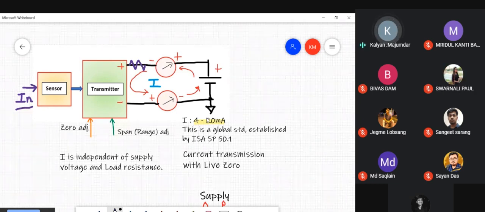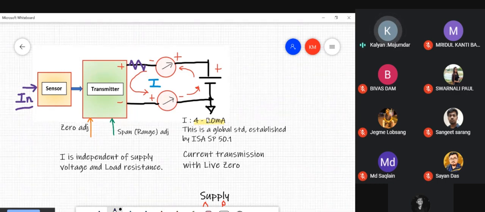So the output of a transmitter is 4 to 20 as per the ISA standard, irrespective of what your measurement range is. If you're measuring temperature over 0 to 100, or 0 to 500, or from minus 100 to plus 1000, no matter what your measurement range, the output is always 4 to 20. And the output is always 4 to 20 irrespective of what you're measuring.